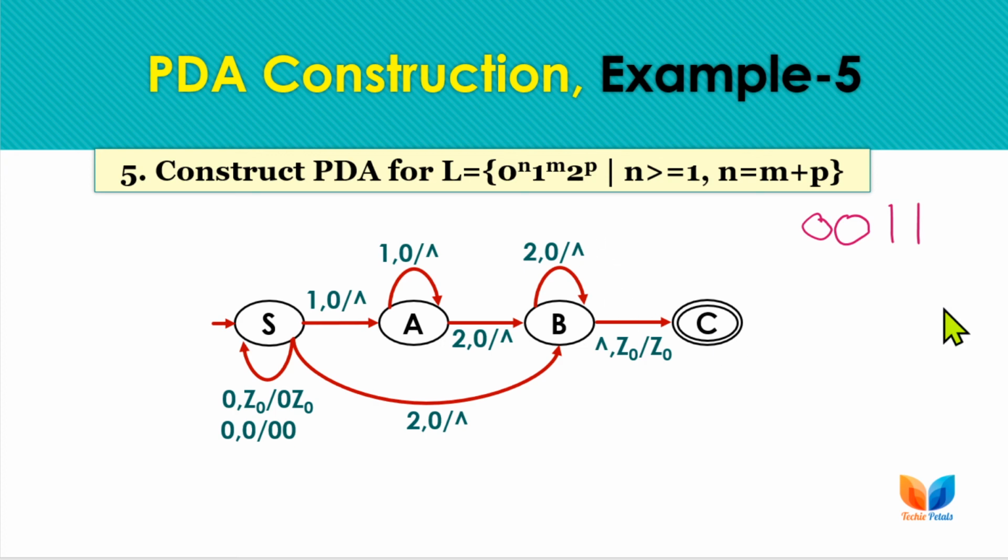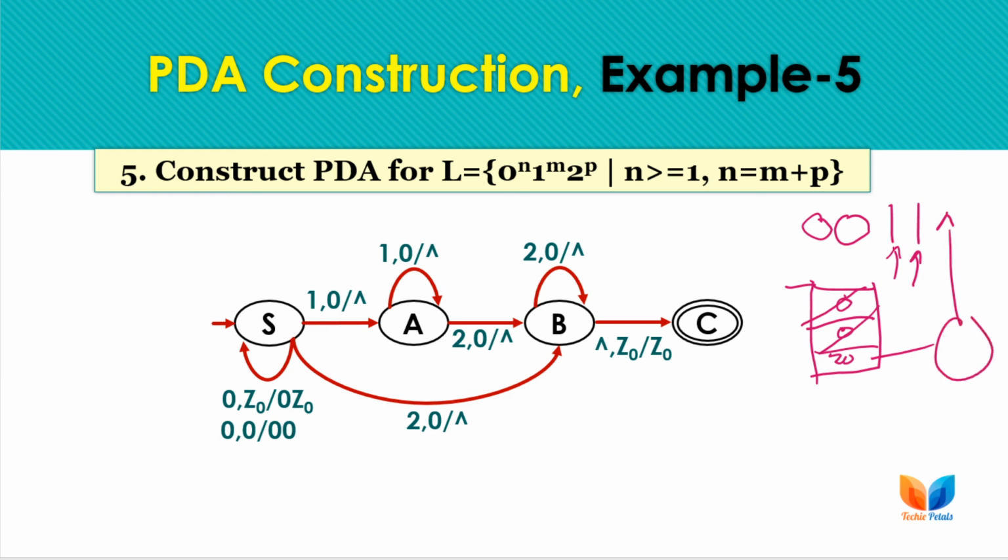So the string must be accepted here, and for that we need to add one more transition. Once we have popped all the ones, and we have reached the end of the string, we have pushed all the zeros, and for all the ones we have cancelled out the corresponding zeros, and now the input is null and the stack top is z0, so the string must be accepted here.